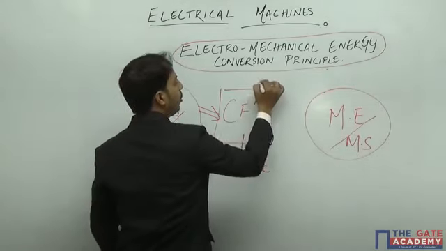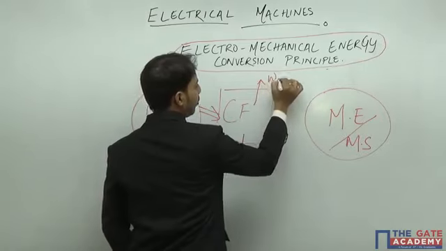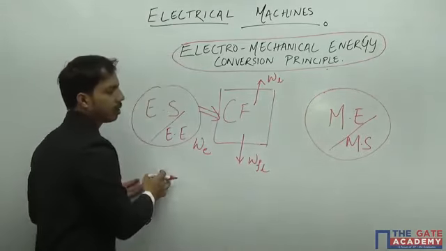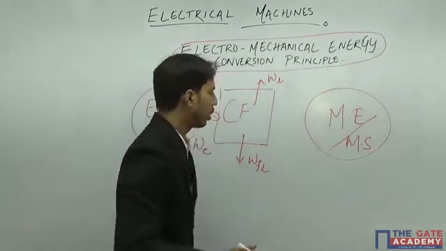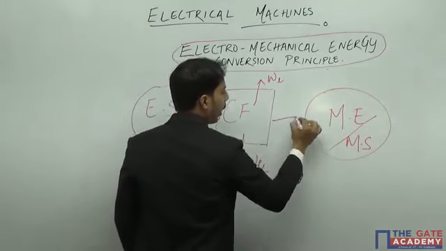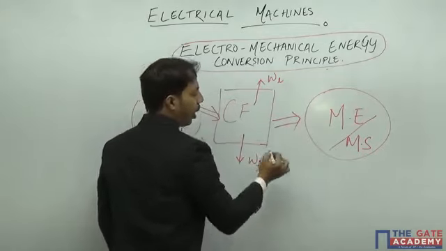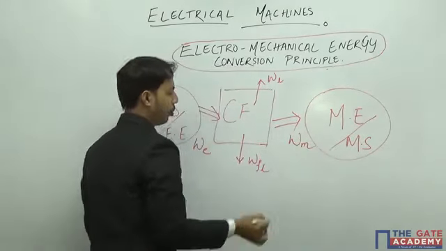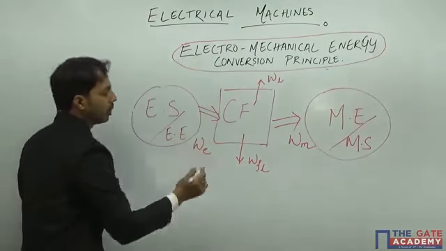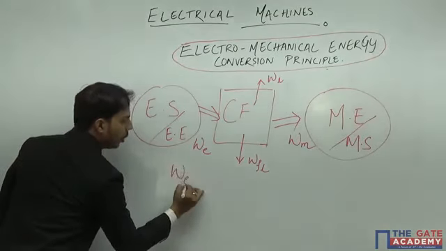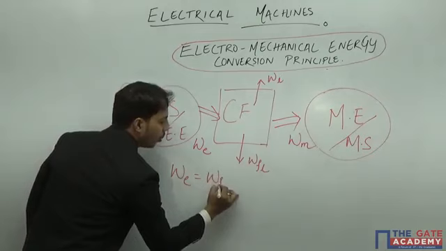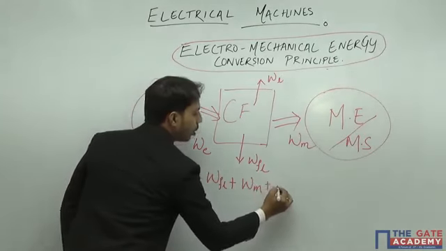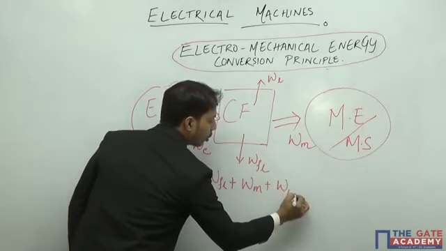Also, there will be some losses in this field, and there will be some losses in this system also. And ultimately, we will have a mechanical output. Okay. So by this principle, what we can say is WE is equal to WFL plus WM plus all the losses.